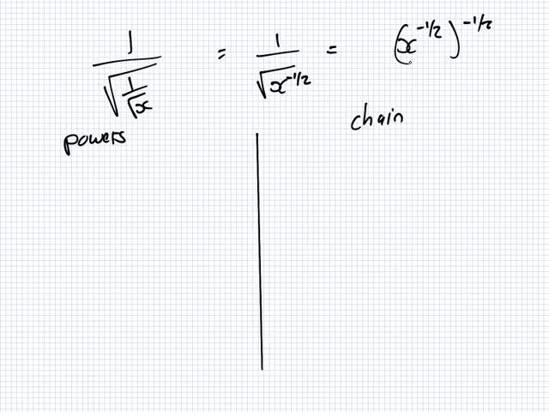So if you do the chain rule, it's minus a half x minus a half minus 3 over 2. So bring down the power, take 1 from the power, and multiply by the inside derivative, which would be minus x minus then 3 over 2 there. So that would be it.